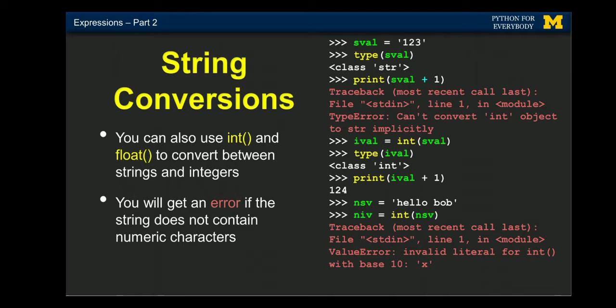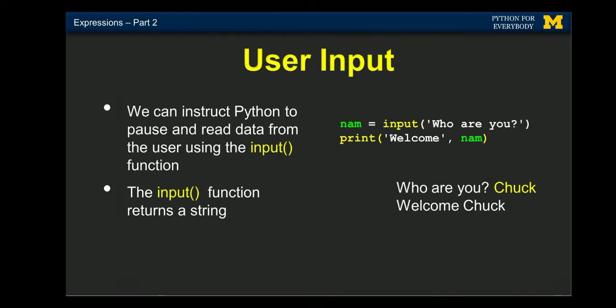But suppose you add a string to 1, you will get "can't convert int object to str implicitly". So these are some of the errors you are going to get when you don't have a string containing a numeric value that has been converted to an integer before adding 1 to it. So be sure to note that.